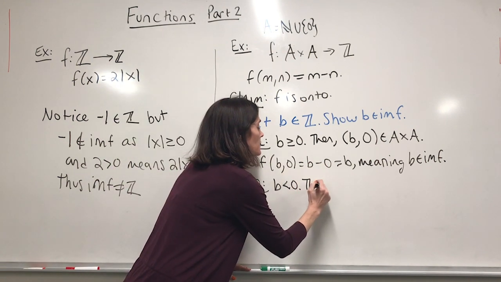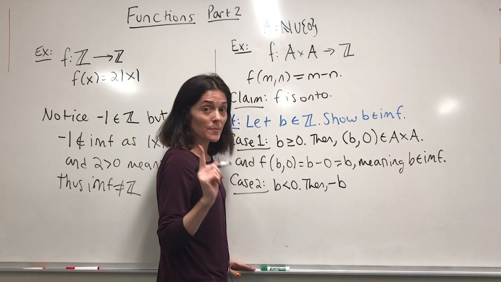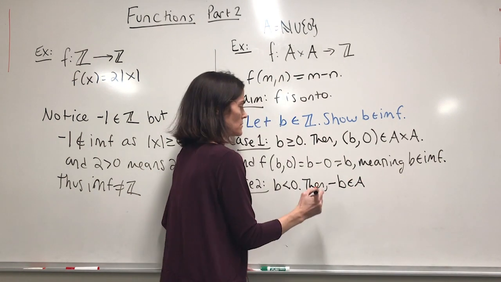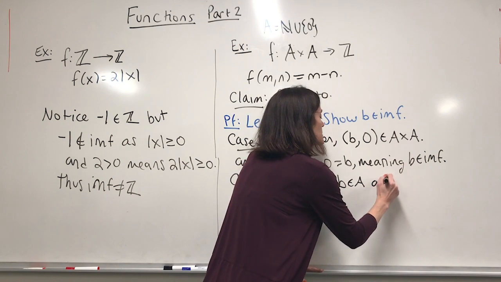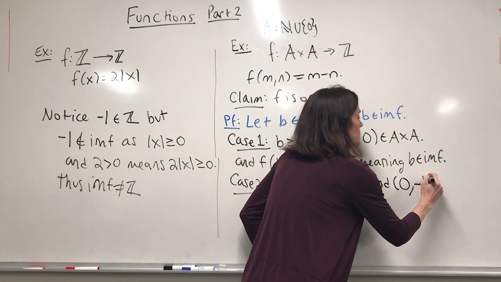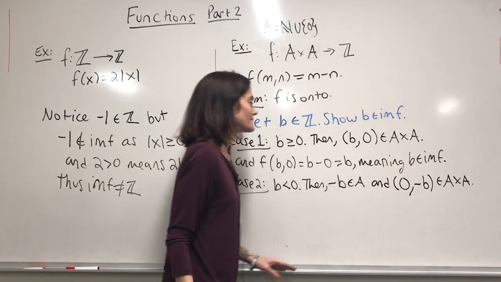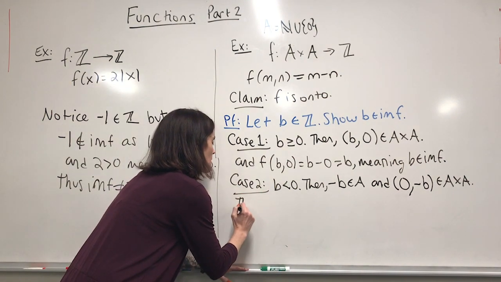If b is negative, then minus b will be positive, so this would be in A. And (0, minus b) will be in A cross A. So this is going to be my element, as we will verify.